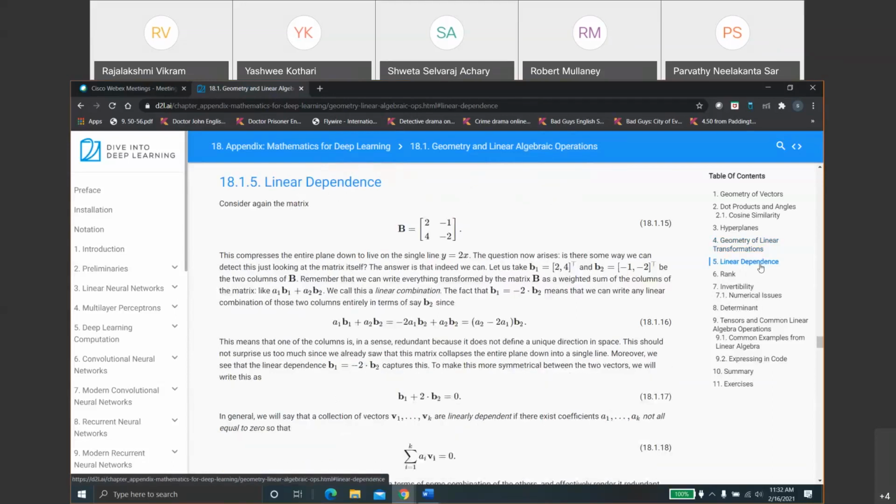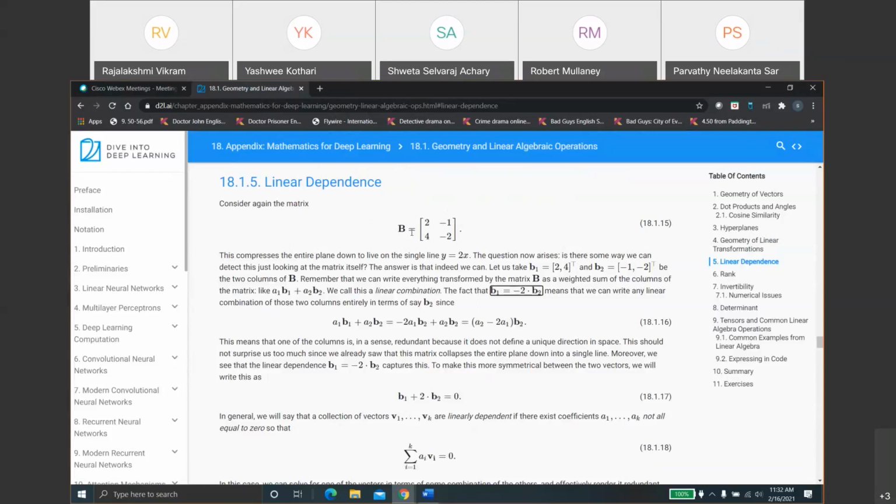The reason is linear dependence. You can clearly see that B1 is minus 2 times B2. It means B1 is dependent on B2. Okay, so you can represent it as B1 equals minus 2 times B2. And you can represent a matrix as a sum of columns of the matrix.